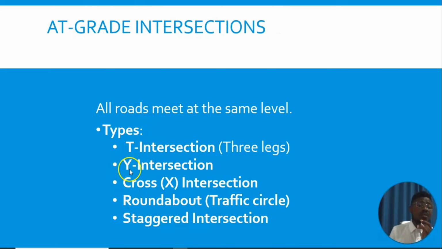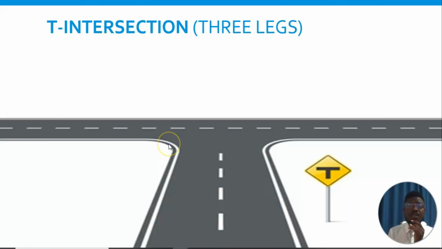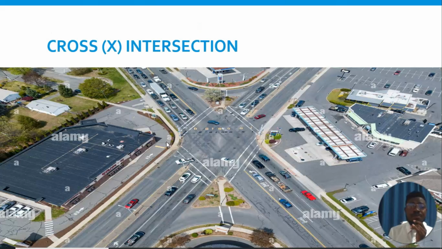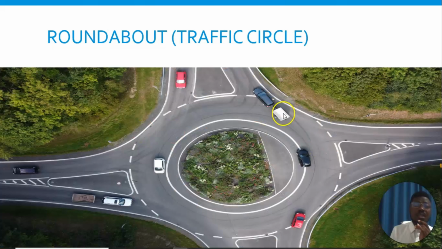Then the next one we have is what we call the roundabout, which is also called a traffic circle. This is an example of a roundabout or a traffic circle. Vehicles travel around a central island in one direction. This is the island, and they move in that direction around it.